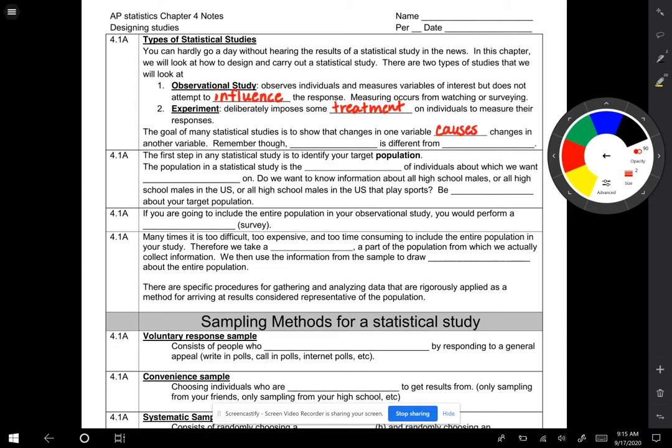Remember, though, from last chapter, I mentioned causation is different from association. In association, you can show that two variables have some sort of relationship, a linear relationship, so be it, but that does not mean that one causes the other.